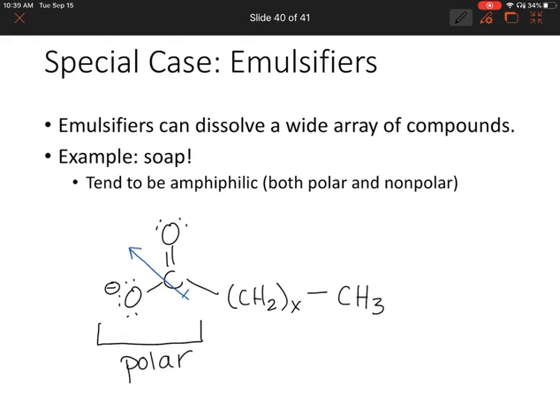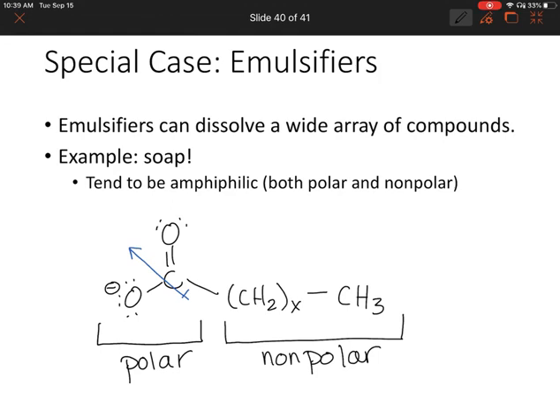But then on the other end of the molecule, we have a bunch of carbons and hydrogens. It just depends on the emulsifier or the soap how many carbons and hydrogens we have. That's why I put a little X down below. But we already said that carbon-hydrogen bonds are nonpolar, and of course carbon-carbon bonds are also nonpolar. So that end of the molecule is nonpolar.